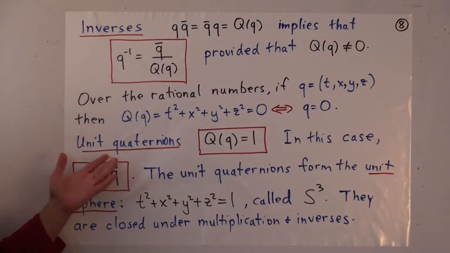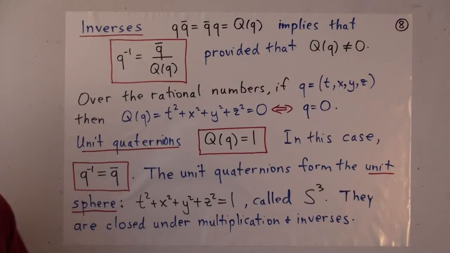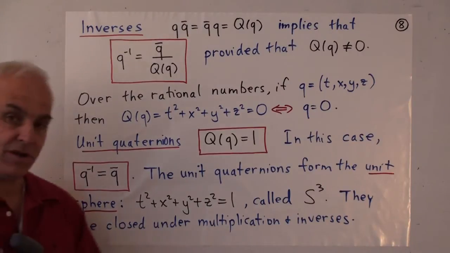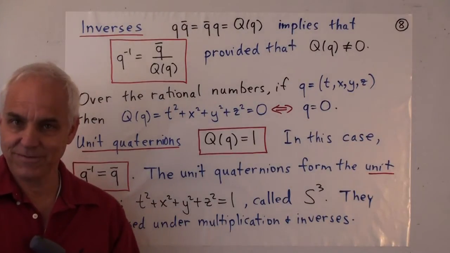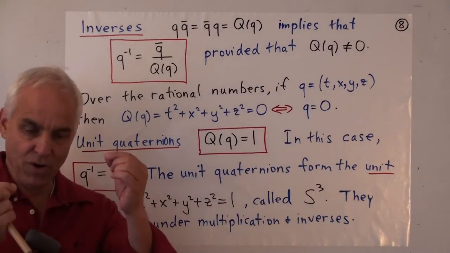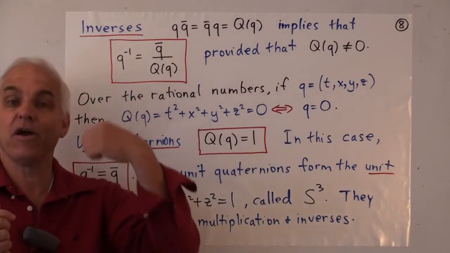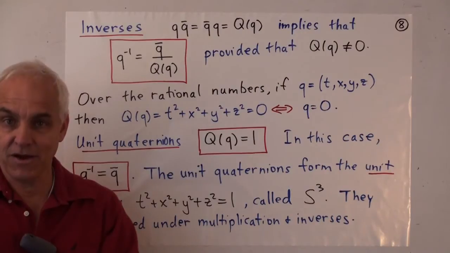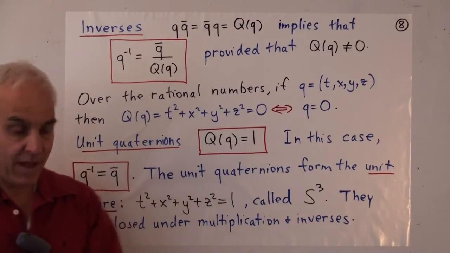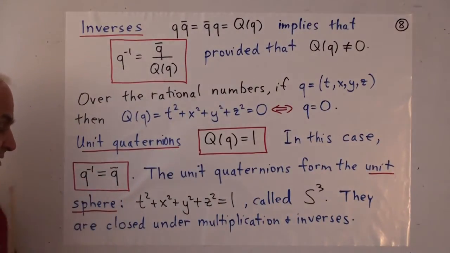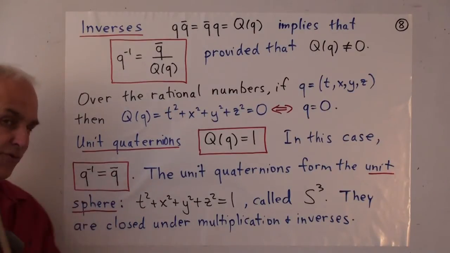And an immediate consequence of what we've been discussing is that this sphere is actually closed under multiplication and inverses. So if you have two quaternions who both have quadrance 1, then their product is also going to be of quadrance 1. And if Q has quadrance 1, then its conjugate also has quadrance 1.